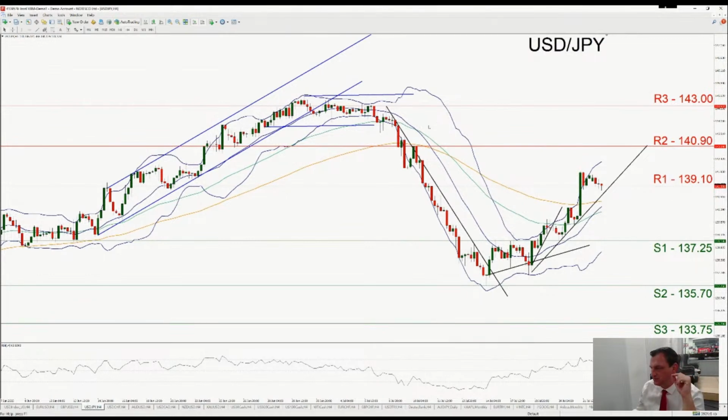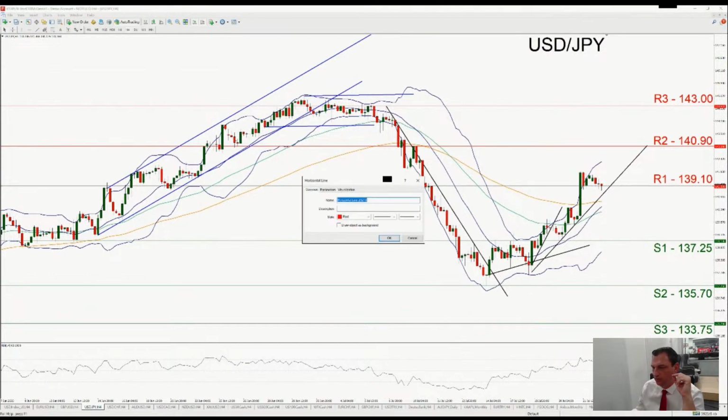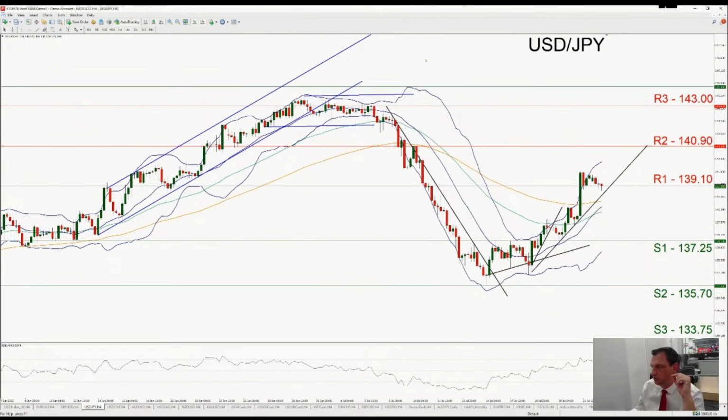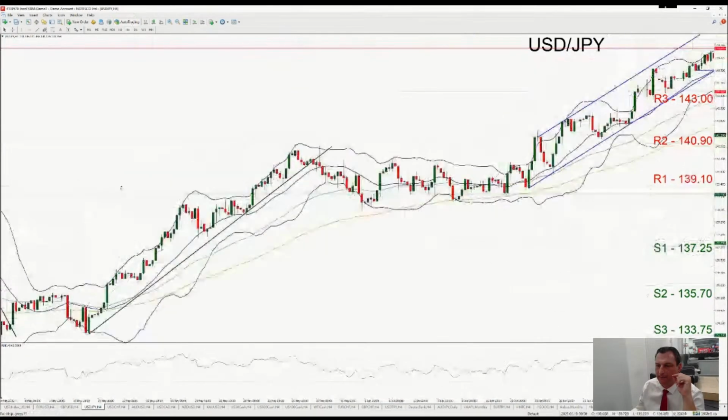And if that's the case, then we have to deal with this being the support line and this one going substantially higher. We have to go further back here.